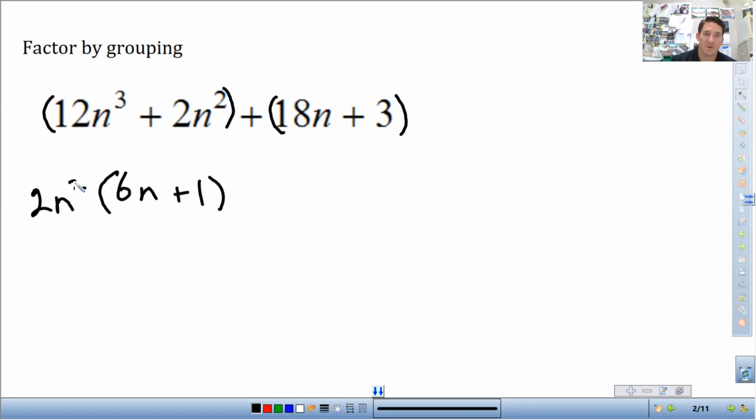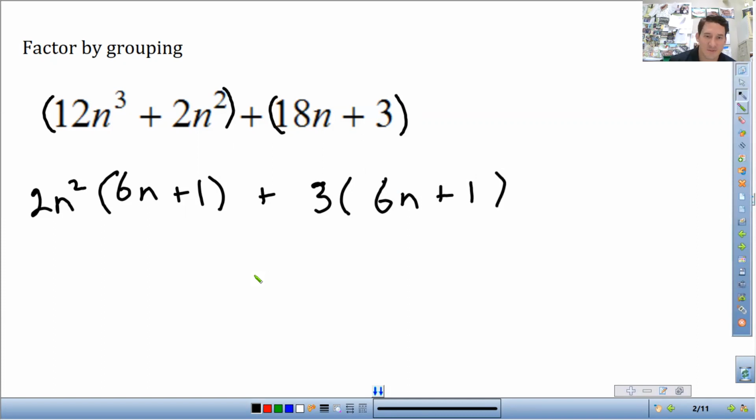If we were to distribute the 2n squared back, we would get 12n cubed plus 2n squared. Next, the greatest common factor between 18n and 3 is 3. So I can factor out a 3 and I get 6n plus 1.